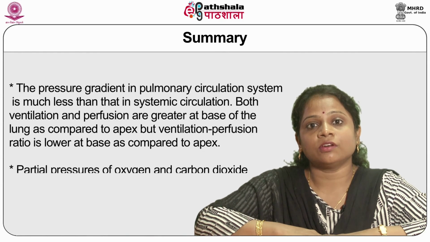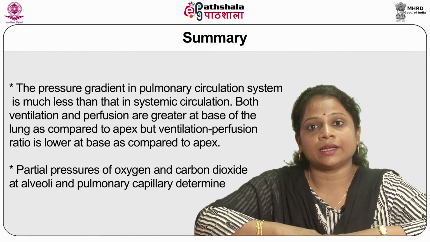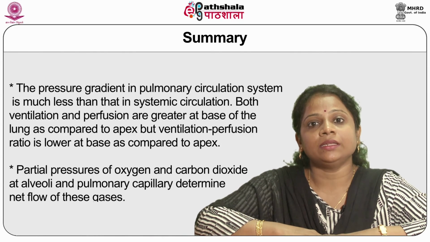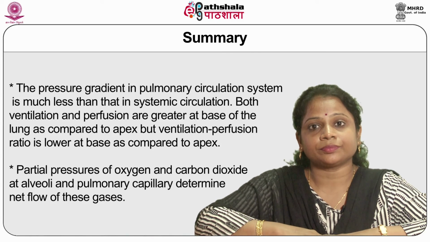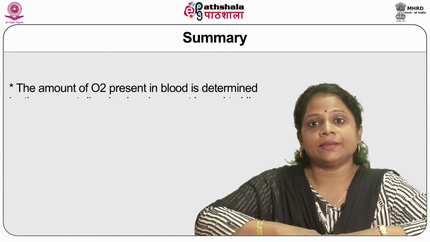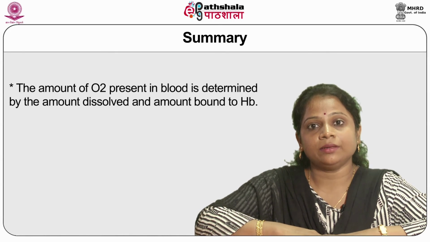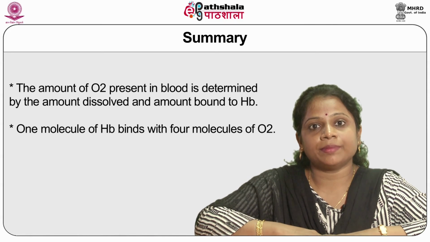Partial pressures of oxygen and carbon dioxide at the alveoli and pulmonary capillary determine net flow of these gases. The amount of oxygen present in blood is determined by the amount dissolved and the amount bound to hemoglobin. One molecule of hemoglobin binds with 4 molecules of oxygen.